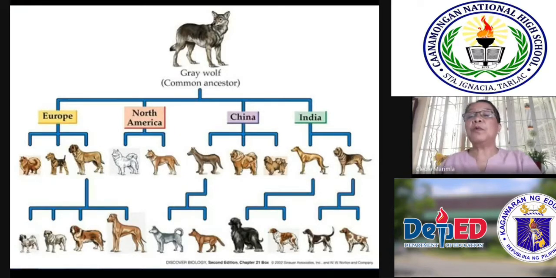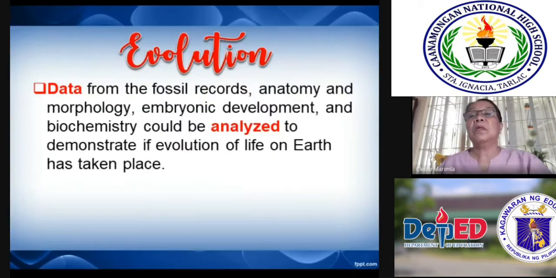All the wolves produced are different but came from the same ancestor. As to evolution, data from the fossil records, anatomy and morphology, embryonic development, and biochemistry could be analyzed to demonstrate if evolution of life on Earth has taken place. Evolution is a process of change over time.